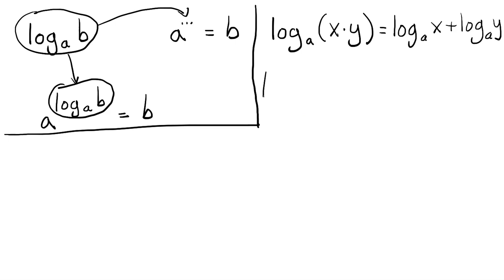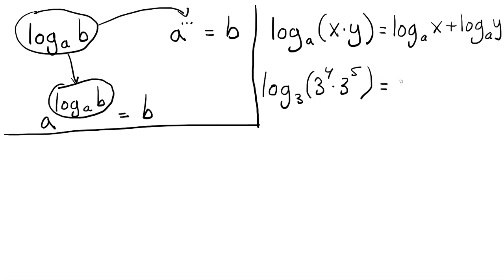So let's take an example. For example, what is the 3 logarithm of 3 raised to the power of 4 times 3 raised to the power of 5? Okay, let's first calculate this without using the rule.